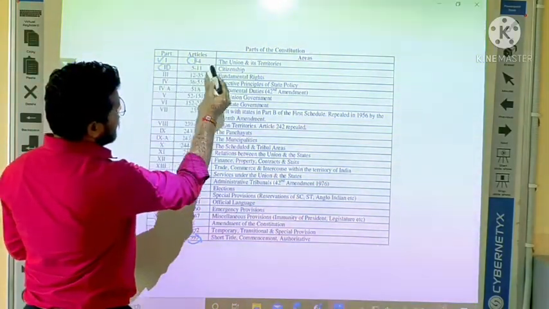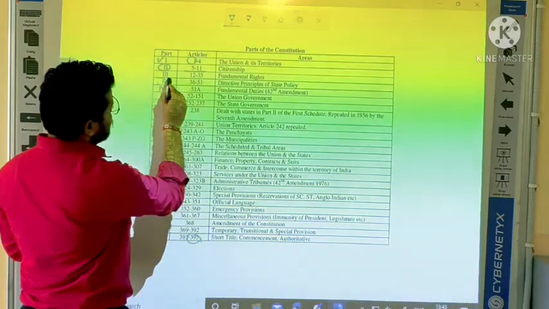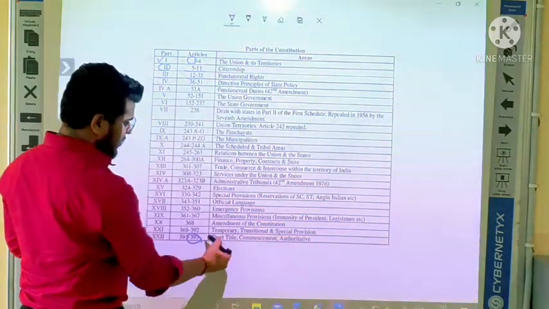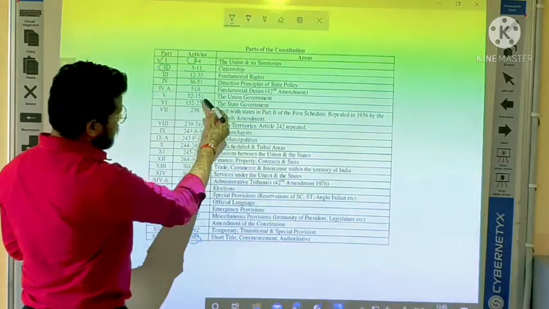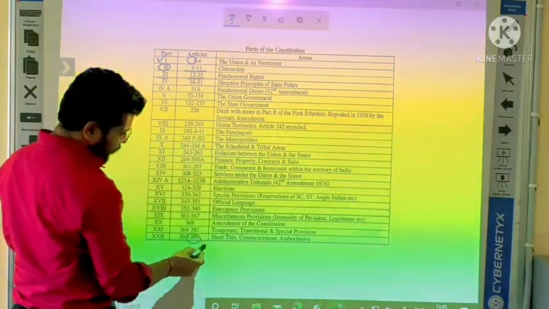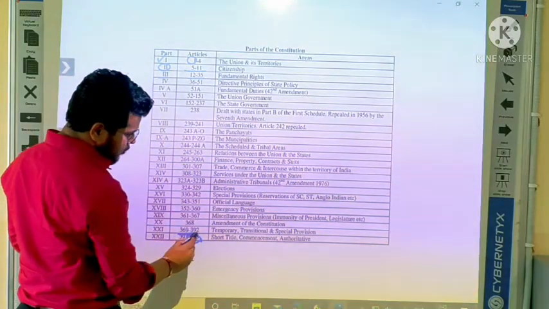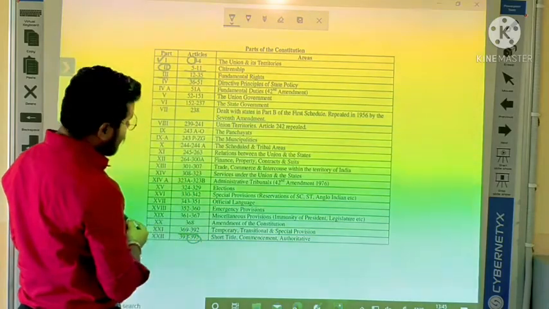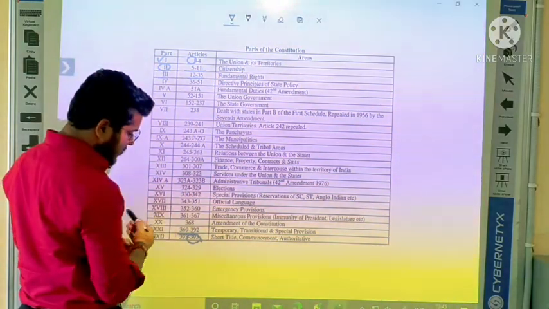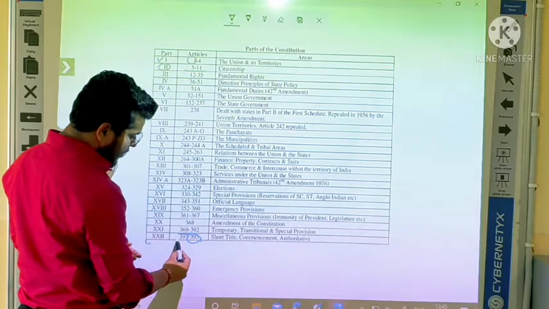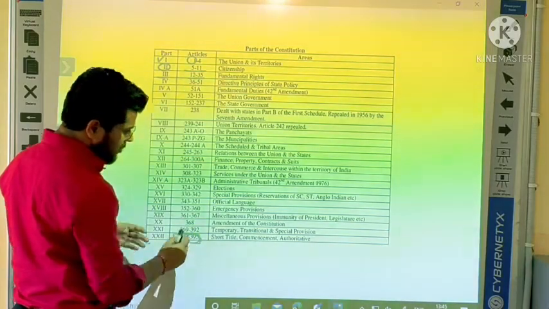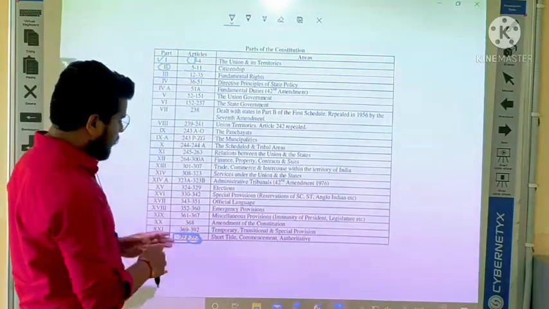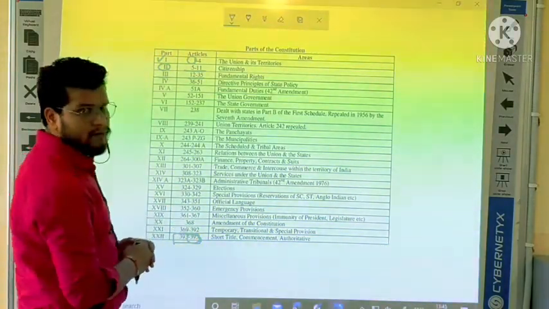Part 2 contains articles 5 to 11. Part 3 contains articles 12 to 35. All these are the articles. And in this way, articles 369 to 392 are in part 21, and in part 22 articles 393 to 395. So all these are articles which come under parts.